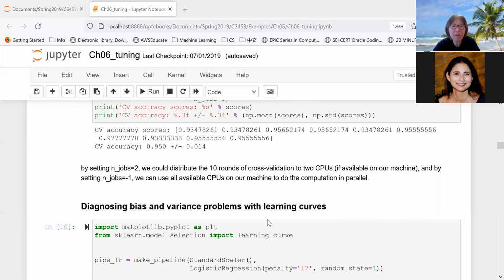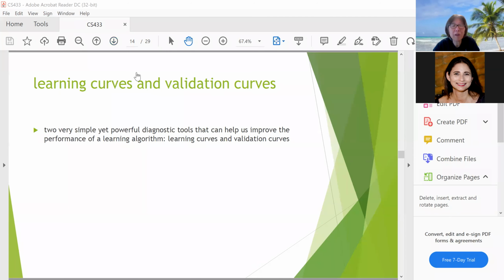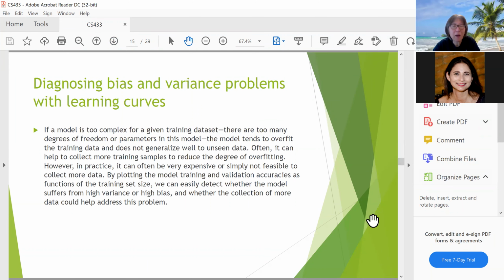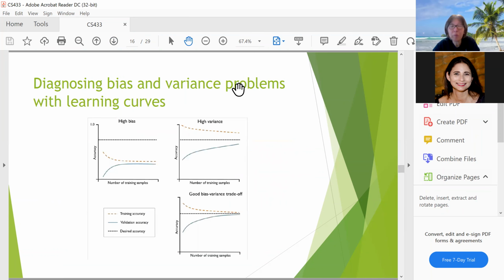Okay, and then the next, another new concept, learning curve. So let's take a look at the concept part regarding the learning curve and the validation curve. What are those? This is also used during the process when you try to find how the model can fit.